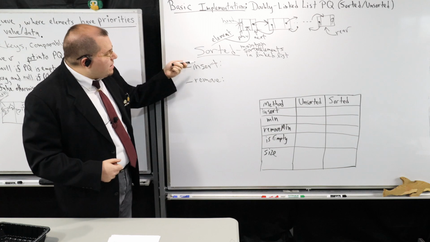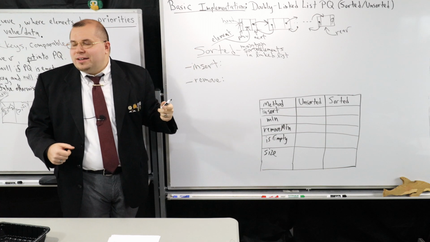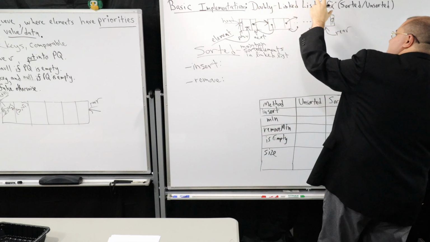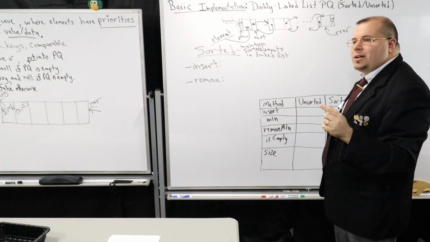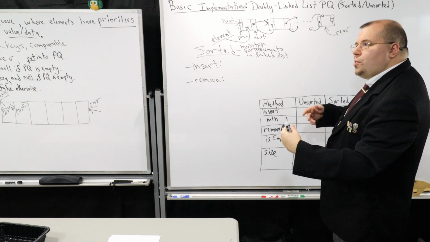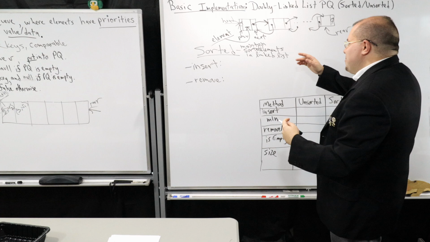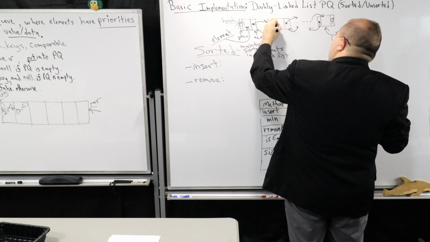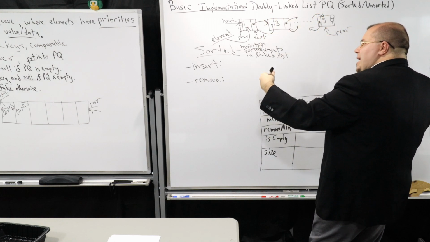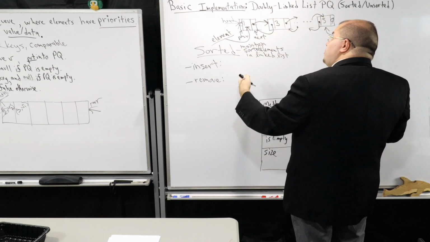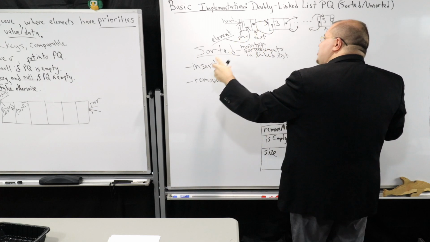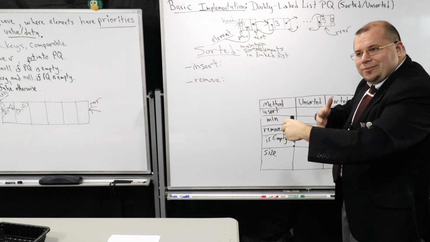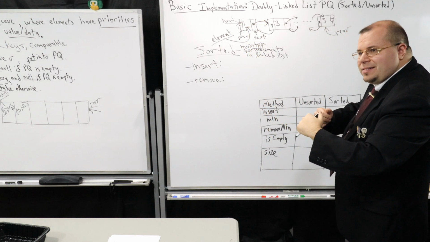Instead, if you want to maintain that the elements are sorted, you would traverse the linked list and find the next available spot where the priority fits. Say for example the keys were 1, 3, and 5, and I wanted to put in one with priority 2. I would create a node and put it right here in between these two, and then do a little bit of surgery to maintain all of the references.